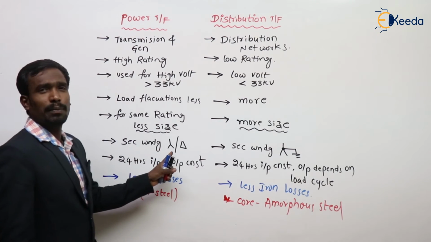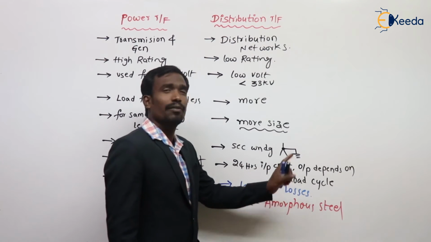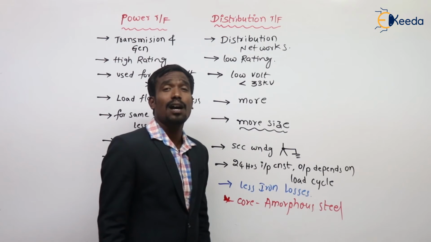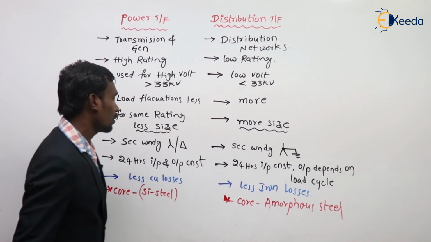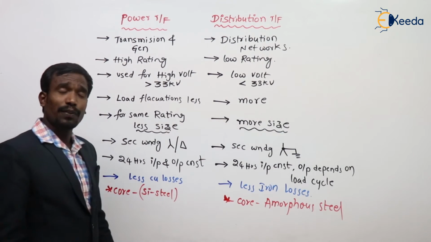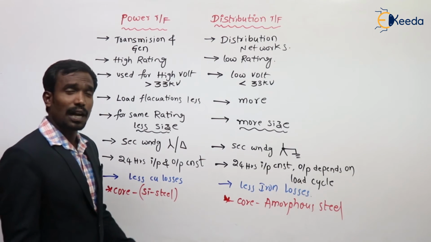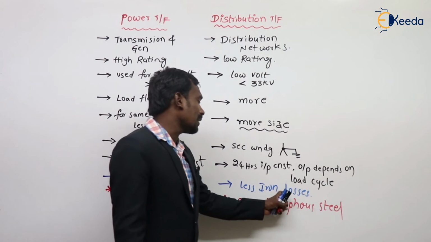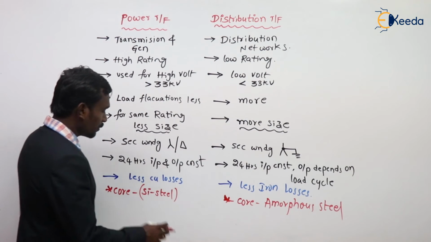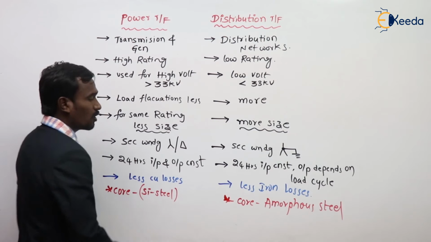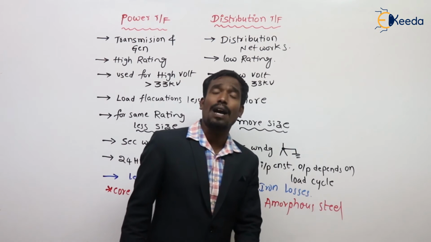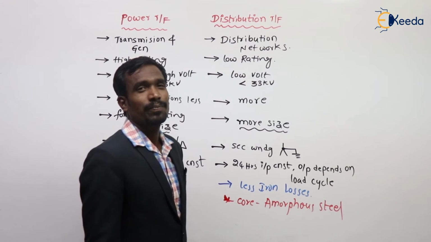Here the secondary winding may be star or delta, but it should be star in order to connect the neutral grounding. During manufacturing we should take care that copper losses are minimum here and iron losses are minimum here. That's why here the core is made up of silicon steel, and here the core is made up of amorphous steel.